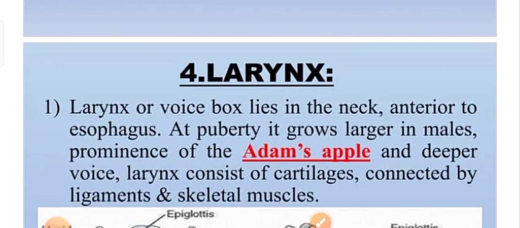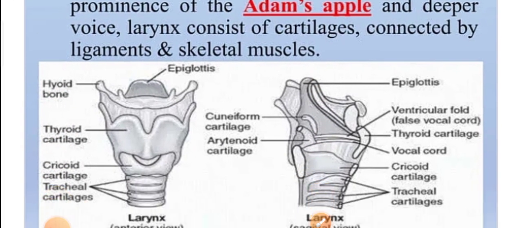At the time of puberty in males, it grows larger, with the development of secondary sexual characteristics, and voice changes will be there. The Adam's apple becomes prominent, and the voice becomes deeper. The larynx consists of cartilages connected by ligaments and skeletal muscles.